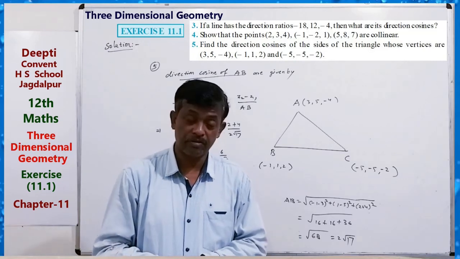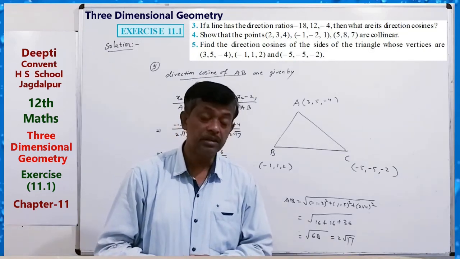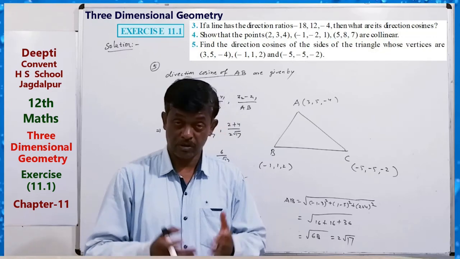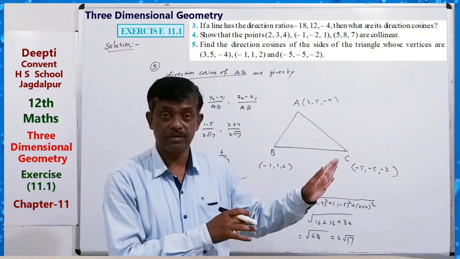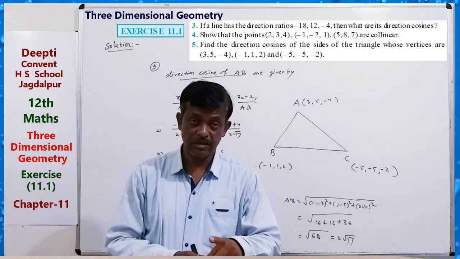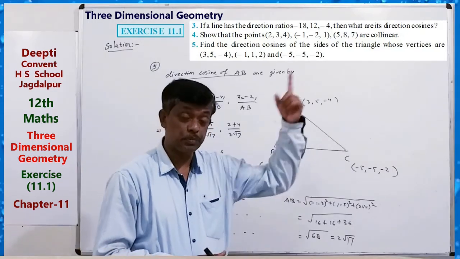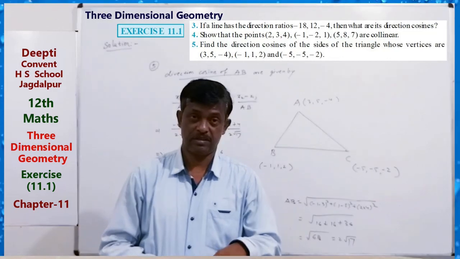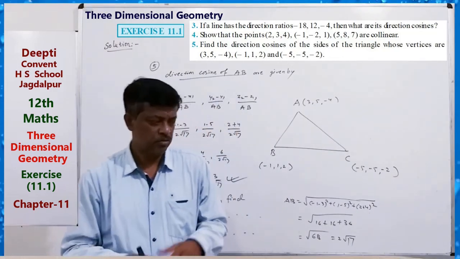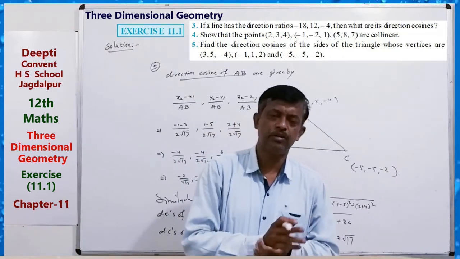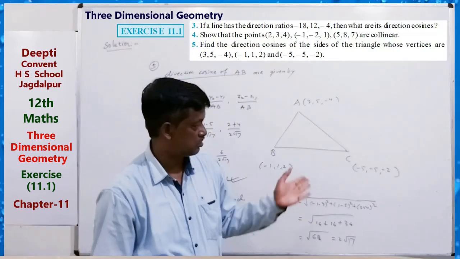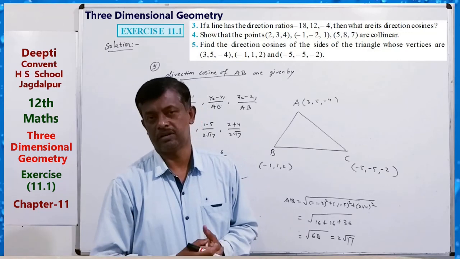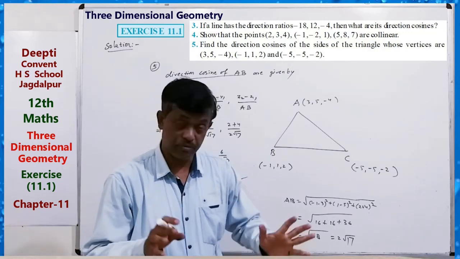Remember them for solving all the questions of 3D geometry, because we use vector algebra concepts to study straight lines in space and planes in space, and we write equations in both vector form and Cartesian form, that is XYZ form and also vector notation. So remember all the formulas.